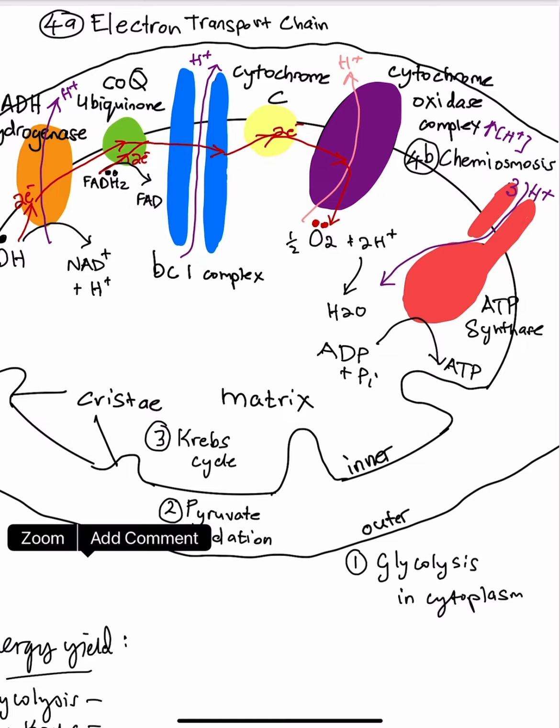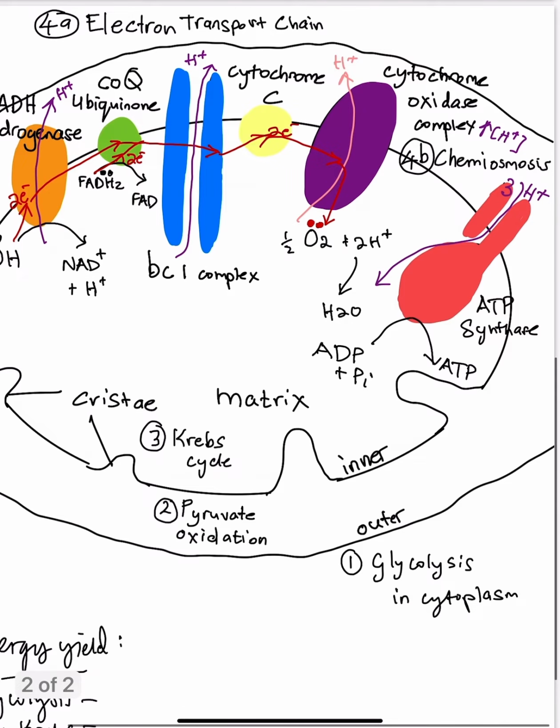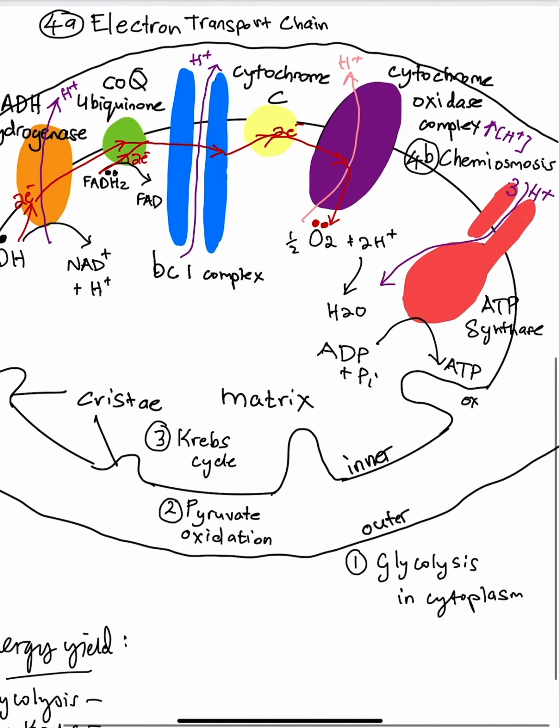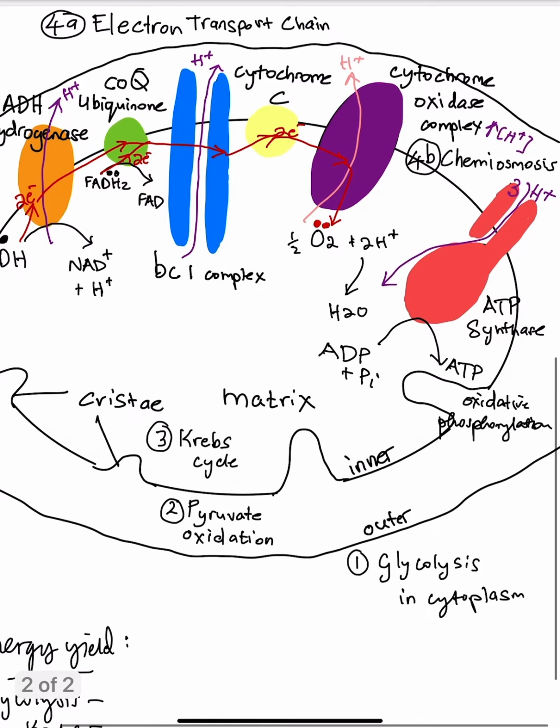So because oxygen is present and chemiosmosis can follow, this type of ATP production is known as oxidative phosphorylation. So let's look at the energy yield.